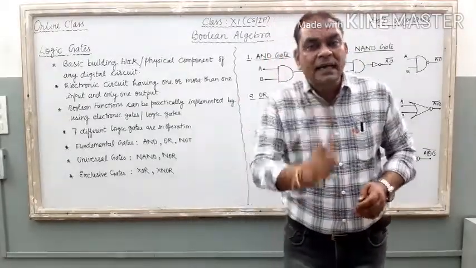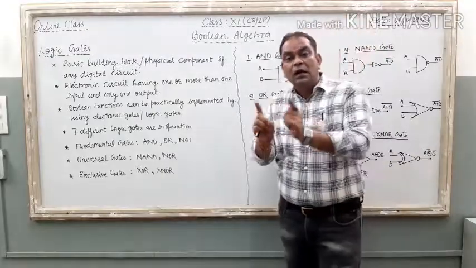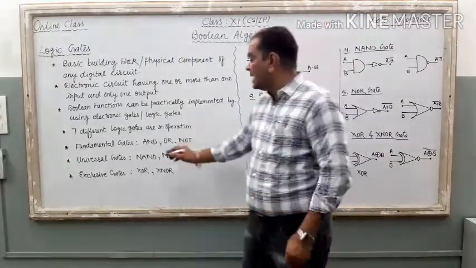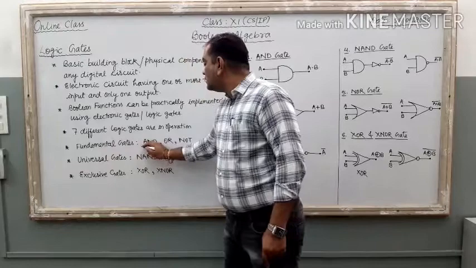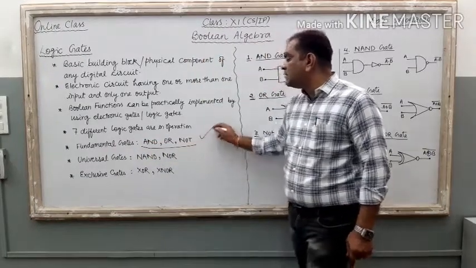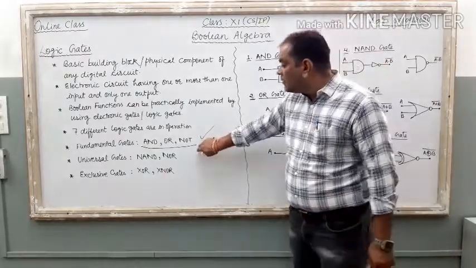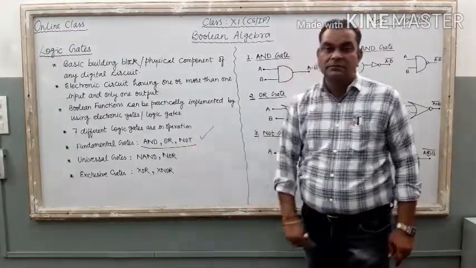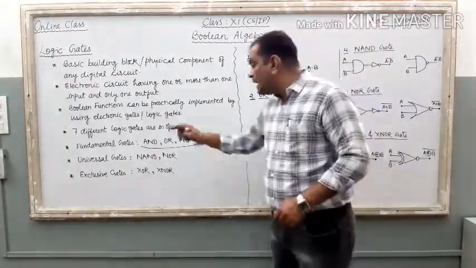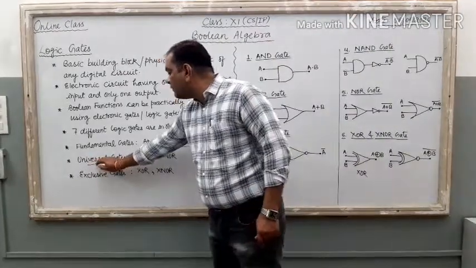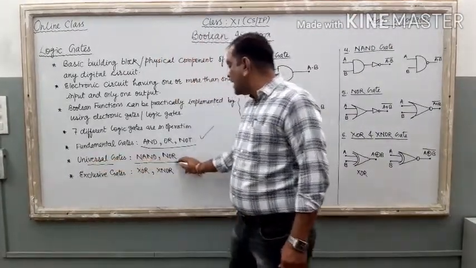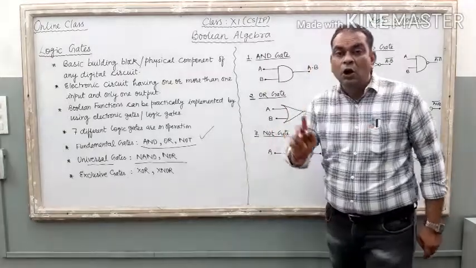The very first category is fundamental logic gates. In this category, 3 gates are there. The first one is the AND gate, the second one is the OR gate, and the third one is the NOT gate. Clear? The second category is known as universal gates. In this category, NAND and NOR.